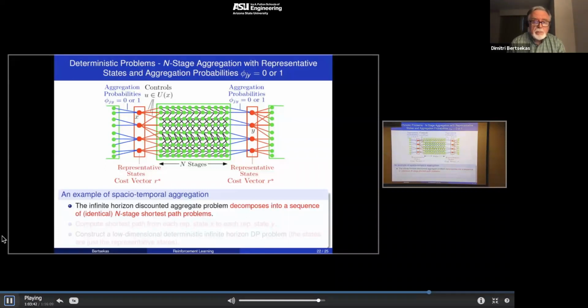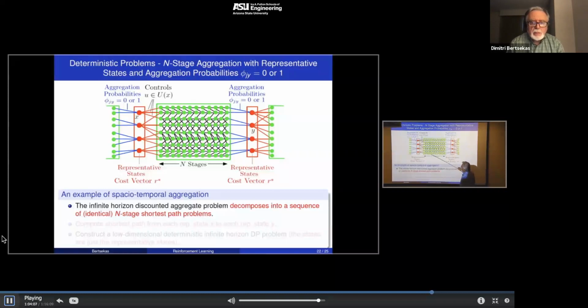Right, yeah. The principle of optimality. Remember the principle of optimality? If you have an optimal path from start to end, every portion of the optimal path is optimal. So if I have an optimal infinite horizon path here, deterministic, remember, every portion of the path is the shortest path between the endpoints.